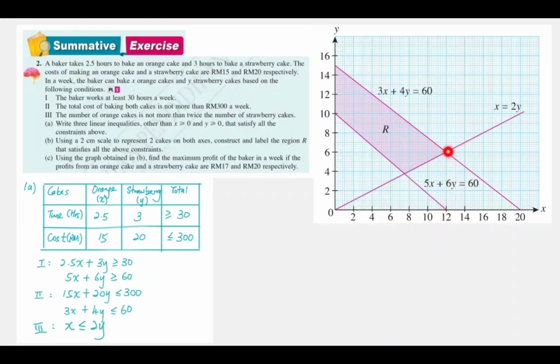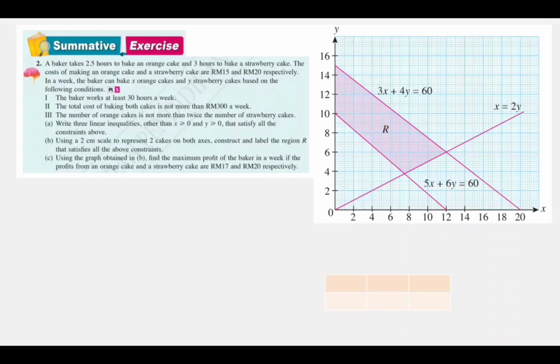So we have (12, 6). We know that x = 2y not only passes through (0, 0), the origin, it passes through (12, 6) as well. So we get this straight line, x = 2y. The positive y, the 2y, is on the greater side. Therefore, we want the region above the straight line. Therefore, this is our region R.